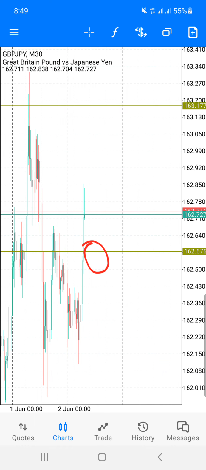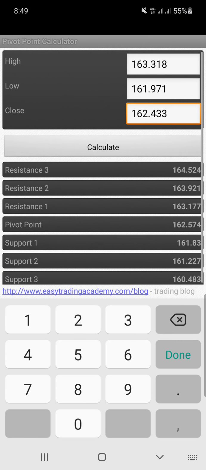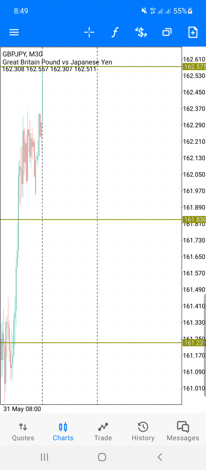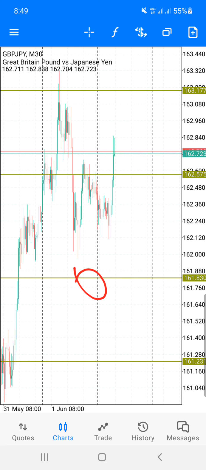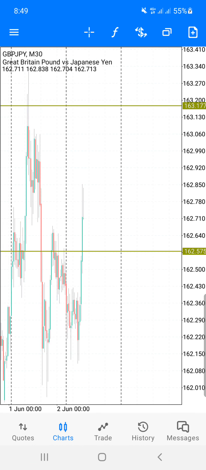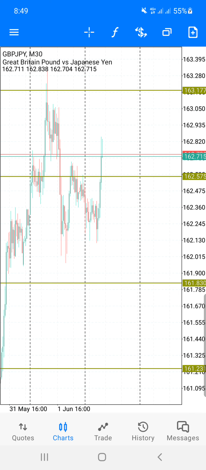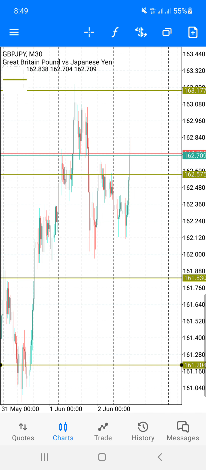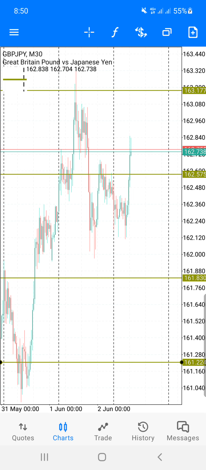Then support 1 is 161.83, which is around this one. Then support 2 is 161.227, around this region. It's not really exact.